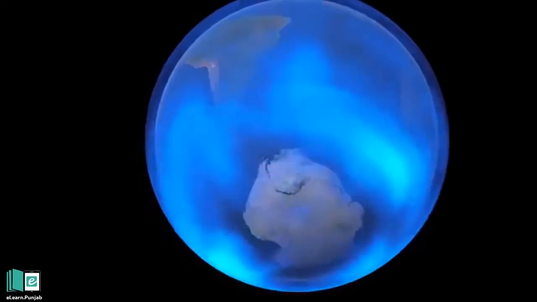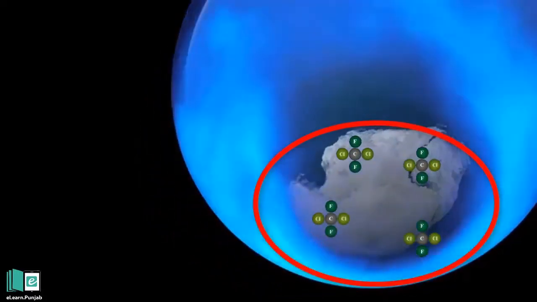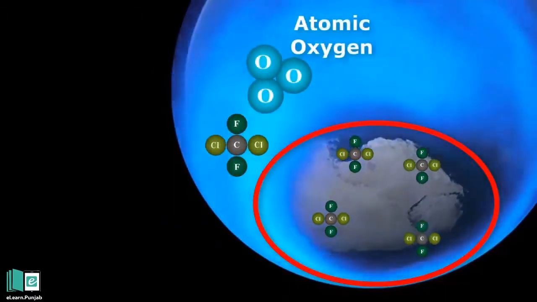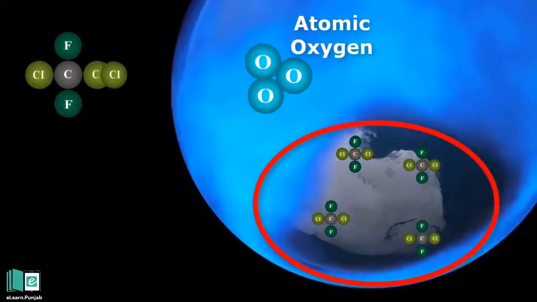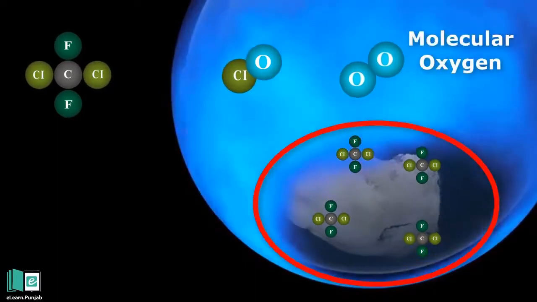And these gases can also reduce the amount of ozone, which is one of the important properties of these air pollutants. Chlorine is the gas in chlorofluorocarbon that reacts with ozone, converting atomic oxygen to molecular oxygen.